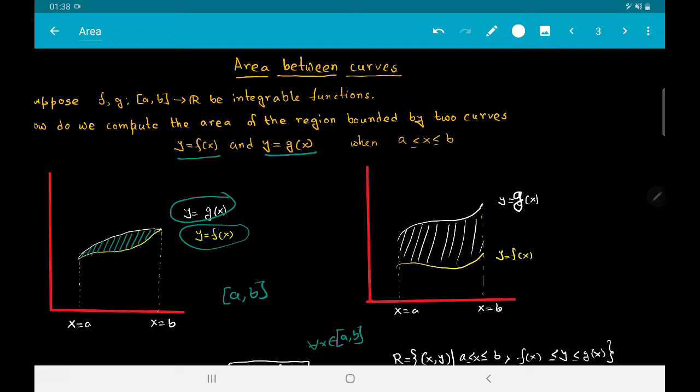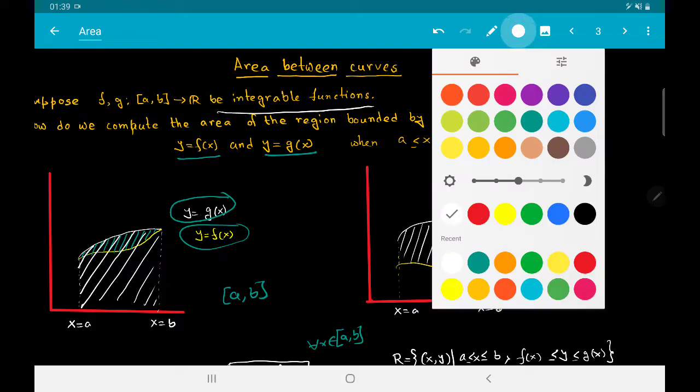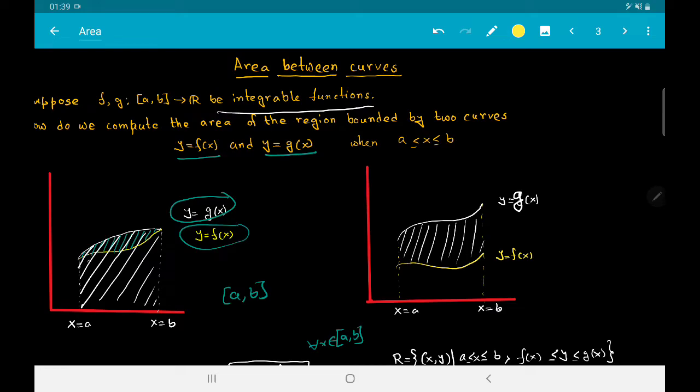But now, how do we go about it intuitively? Suppose that we know that both f(x) and g(x) are integrable functions. Does it help us? Well, it does. We know the area of the region which is bounded by the white graph. We also know the area of the region which is bounded by the yellow curve.